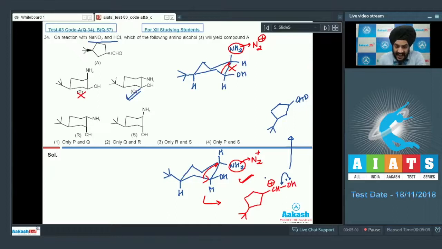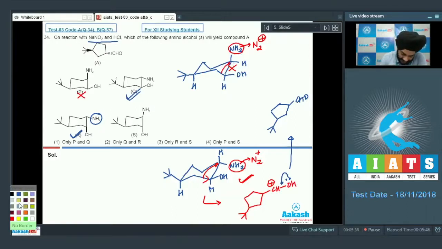So looking at structures R and S, we can see that structure R also has NH2 at the equatorial position. It will convert into a leaving group, and it will lead to ring contraction again. So R is also going to undergo ring contraction upon reaction with NaNO2 HCl. And if we look at the compound S, it again has NH2 at the axial position, and we had already seen in the first case that when the leaving group is present at the axial position, the ring contraction cannot take place as the migrating group will not be anti-periplanar to the leaving group present over here.